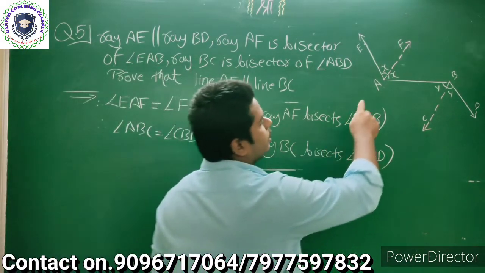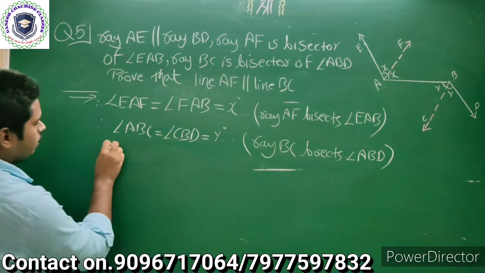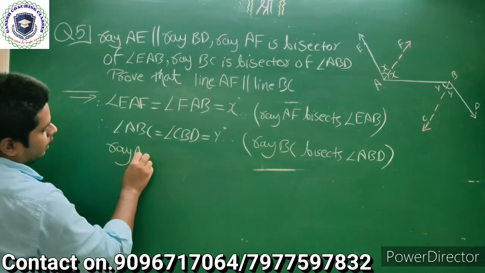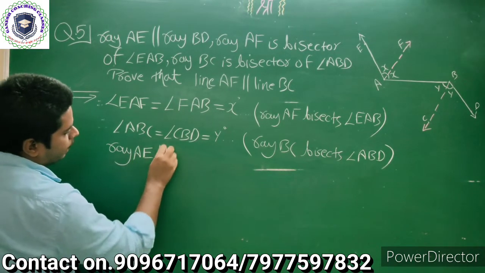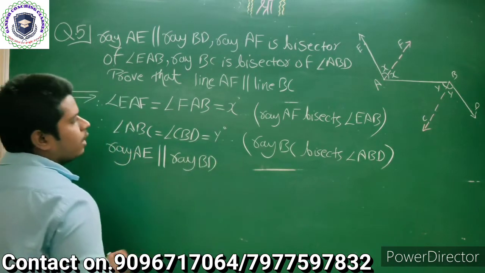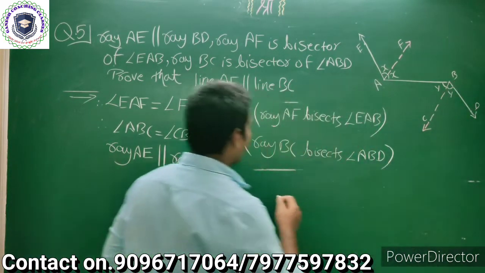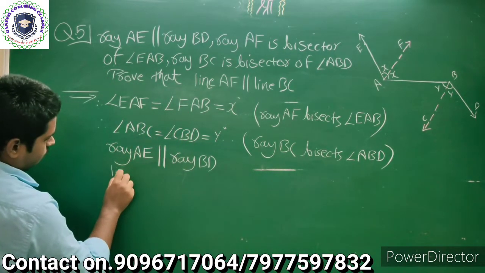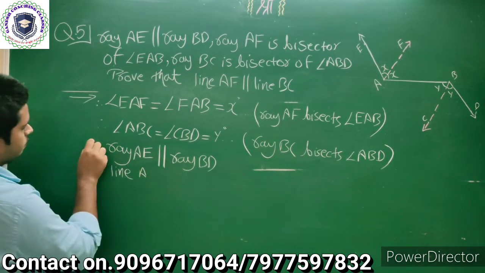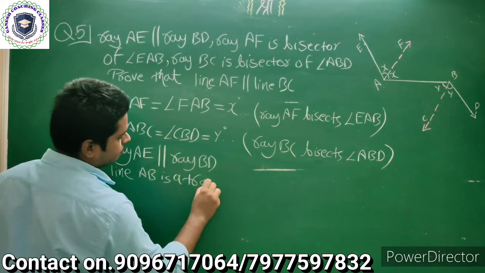Here we are given AE is parallel to BD. So we write ray AE is parallel to ray BD. Which line is acting as the transversal here? AB. So line AB is a transversal.